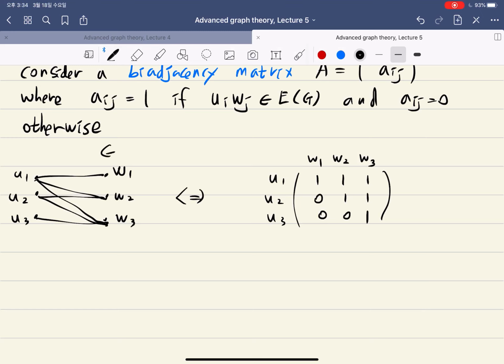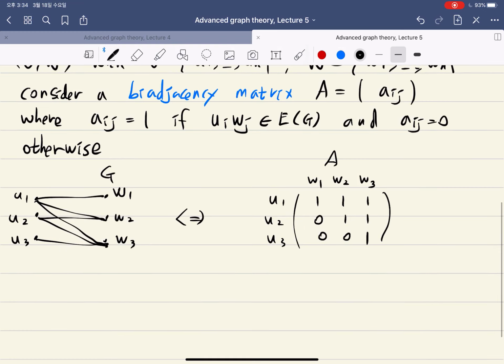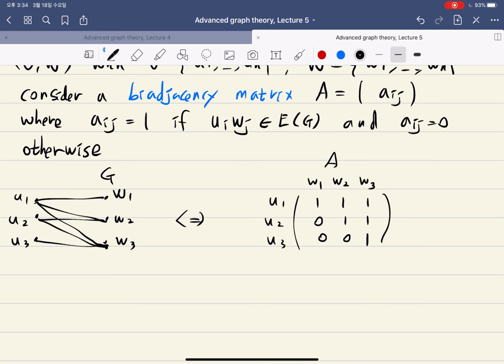If you have a bipartite graph G, then we can consider this matrix. And conversely, if we are given this matrix, then we can construct a bipartite graph G. So this matrix contains full information about your graph G.